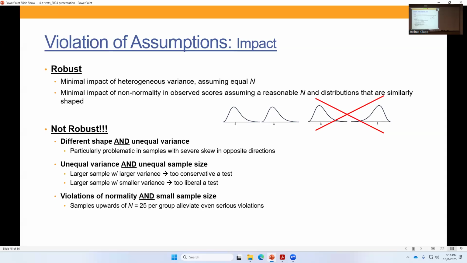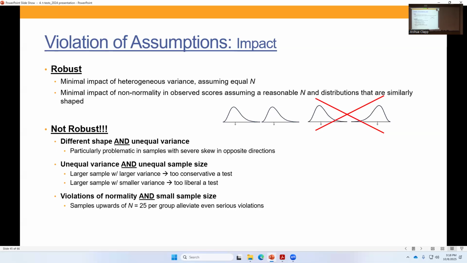If I've got unequal variances coupled with unequal sample sizes, where one group is much larger and one is much smaller, and I also have evidence of differences in variability across these two populations, my t-test can't have multiple estimates of variance. It just has one variance estimate, the pooled variance, because the test is assuming equal variances.